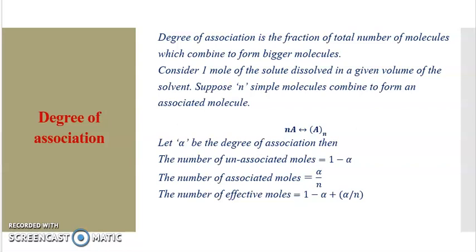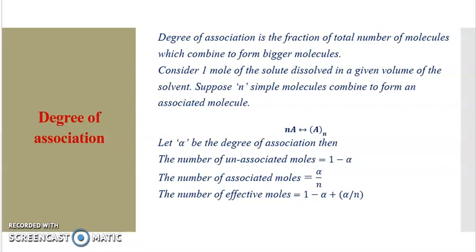So if n simple molecules associate to form a bigger molecule, the equation is nA ⇌ An, where A is the solute molecule. n solute particles A associate to give a bigger molecule An, and let alpha be the degree of association.